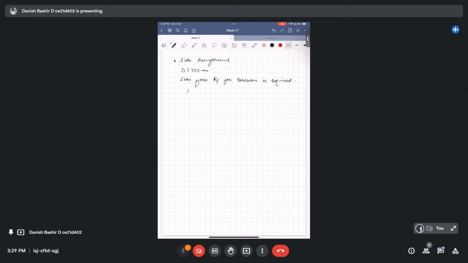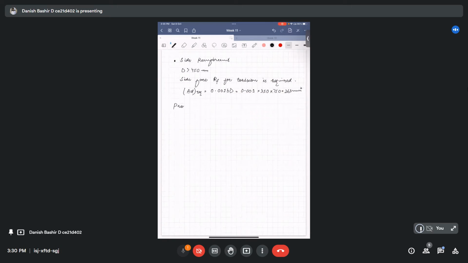For the AST required, the formula given by the code is 0.001 of BD, approximately 0.1% of the gross area. That is 0.001 times 350 times 750, which comes out to be 263 mm square.